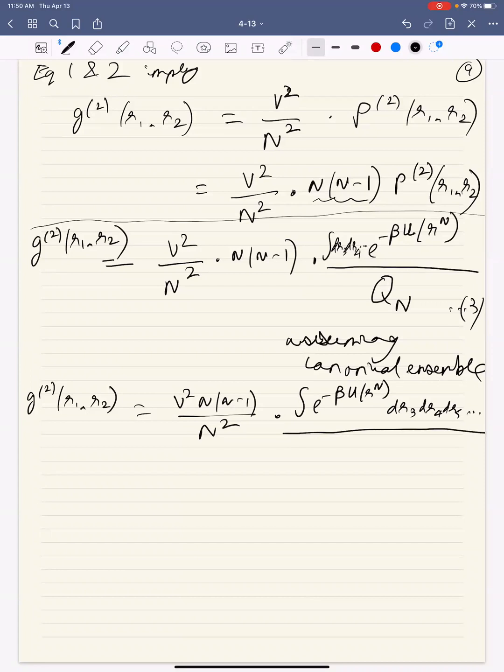What is Qn? Arka, what do you think? Minus beta u. And what should I integrate over? Everything. It's the full particle partition function, right?